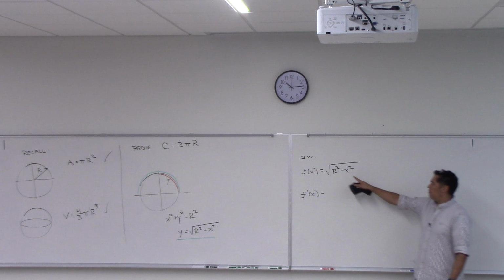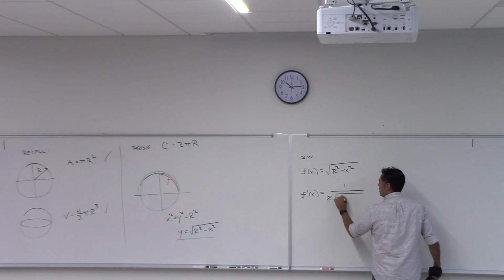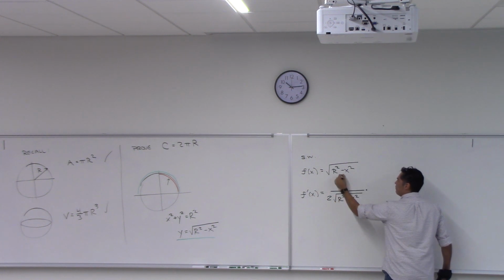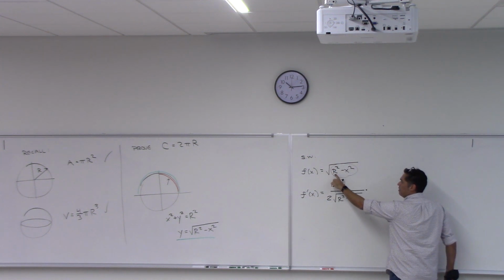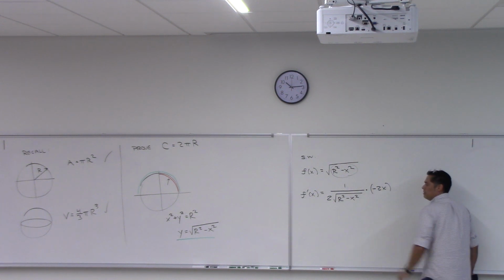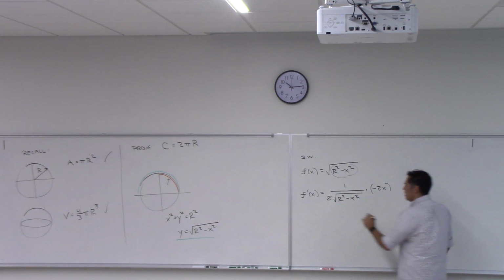What's the derivative of the square root of something? 1 over 2 square roots of whatever's there, right? Not done though, right? Times the derivative of what's in here with respect to x, meaning r is a constant, right? What's the derivative of a constant squared? 0. Minus, what's the derivative of x squared? 2x. So minus 2x, like that. That's the derivative of that function.